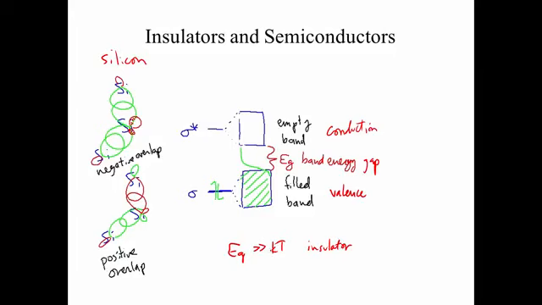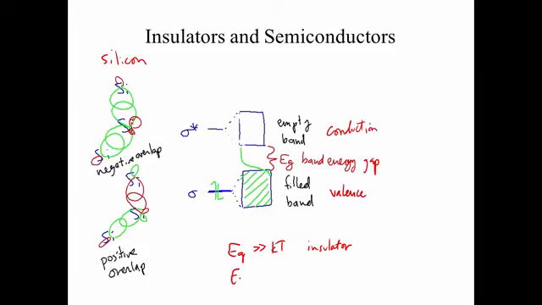And we see that kT, that's the Boltzmann constant, because just like we saw with metallic bonding, these electrons can gain thermal energy and get excited, and the population of that energy distribution of the electrons is determined by the Boltzmann distribution. So you see here that some of these electrons are trying to get excited, creating holes in the filled band, but they don't have enough thermal energy to actually bridge the gap to get up into the conduction band. So that would be the case of an insulator.